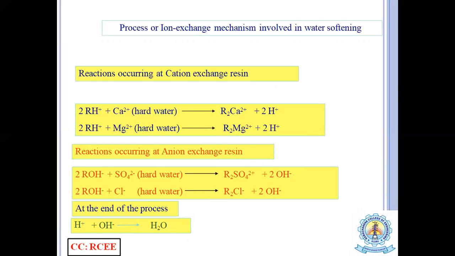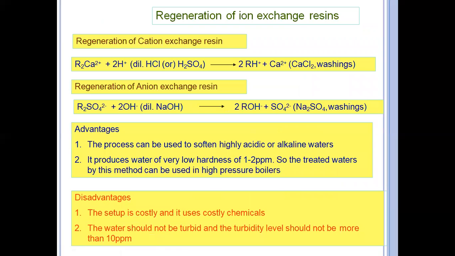Same as what we observed in the zeolite process, where a zeolite bed may be exhausted as the process goes on, here the ion exchangers may also be exhausted, so we need to regenerate them. The cation exchanger can be regenerated by dilute acid, HCl or H2SO4, and the anion exchanger can be regenerated by dilute NaOH. Why?